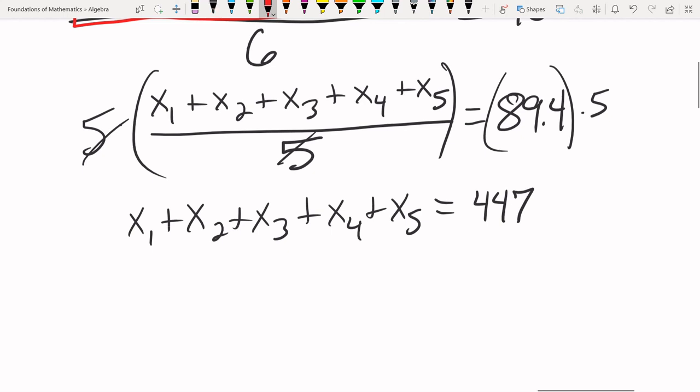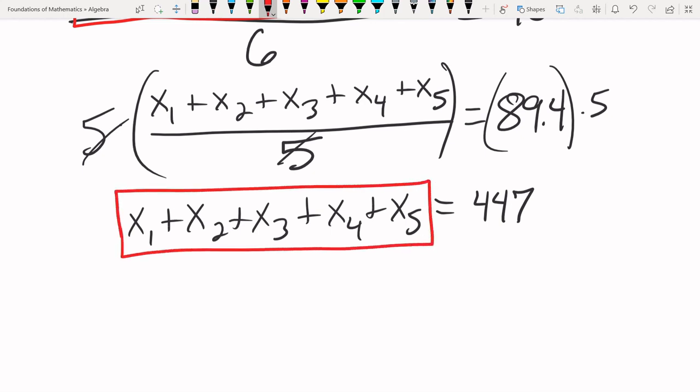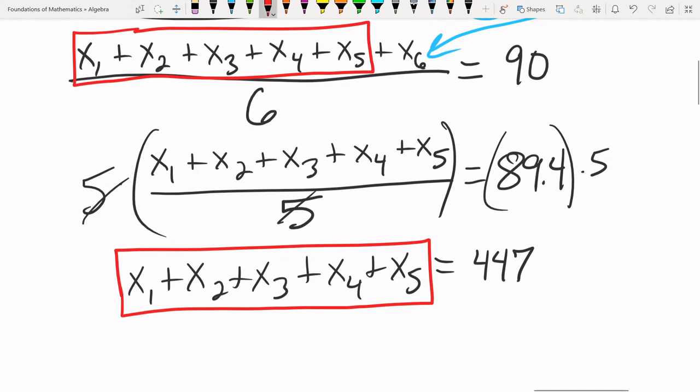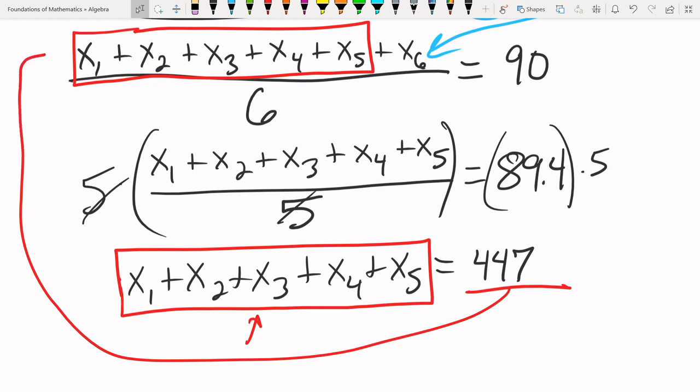And now you see we have x1, x2, x3, x4, x5 all adding, and it equals 447. What I can do mathematically then is replace 447 here wherever this box is. And that box is right there. So I can replace x1 plus x2 plus x3 plus x4 plus x5 with 447.